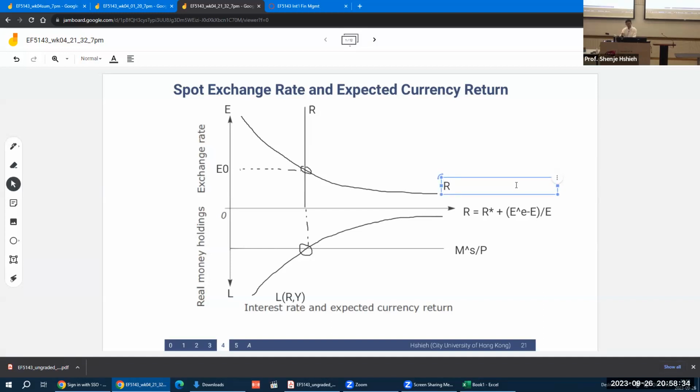Every point along the UIP curve is at parity between R and R star plus E hat E minus E over E. That's how you should interpret this line. Every point on this curve means that R equals R star plus E hat E minus E over E. It's only for this point here that this is the actual R, in which we get the market clearing E.